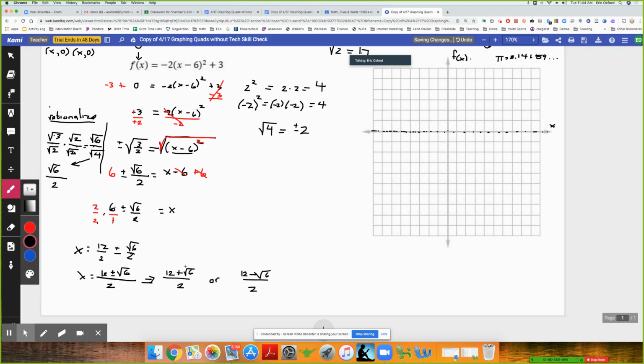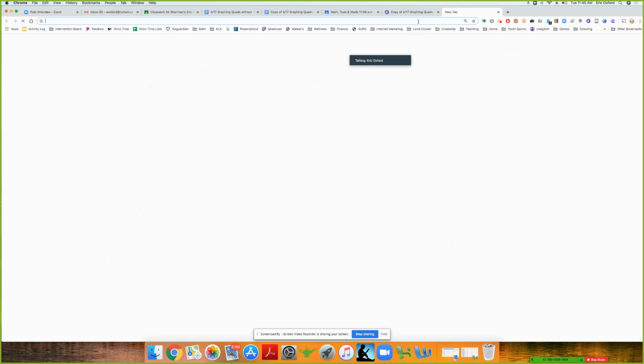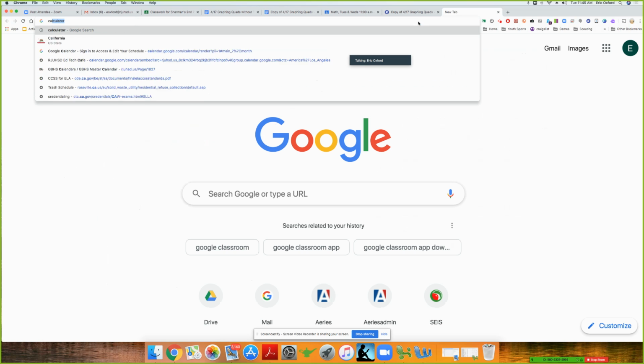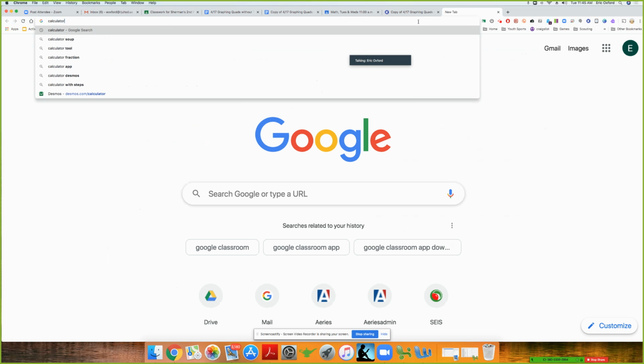And at this point, I need to estimate what the root of 6 is. And since my scale up here on the graph is by 1s, I'm going to round it to probably the nearest 10th place. So let's go back to the calculator. We'll use our calculator here. Look it up really quick.